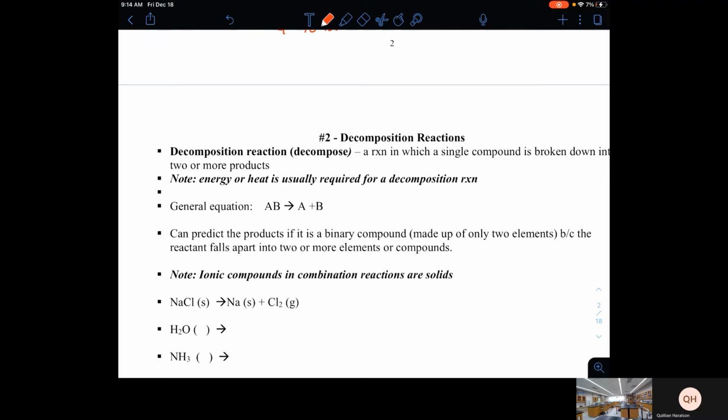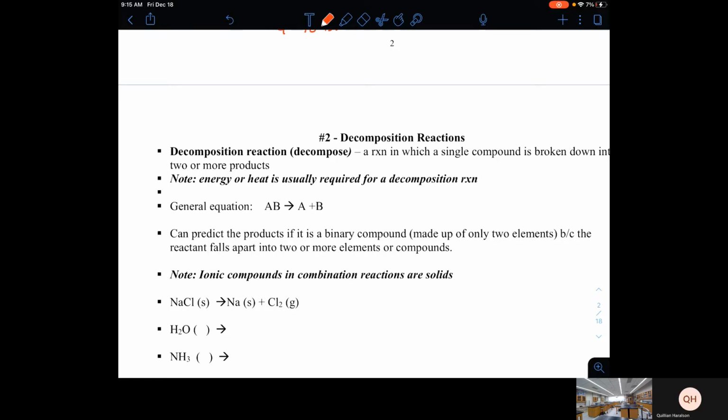That's the same thing taking place with this decomposition reaction. We're starting off with a compound, the AB is a compound, and then it's breaking apart into smaller pieces, the A plus the B.